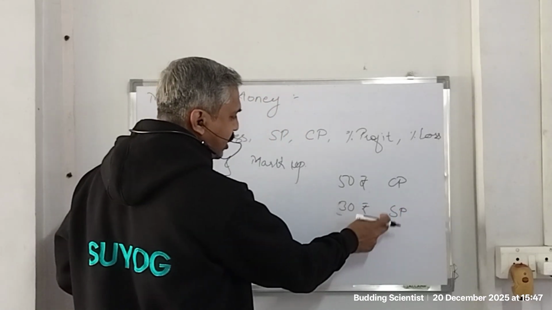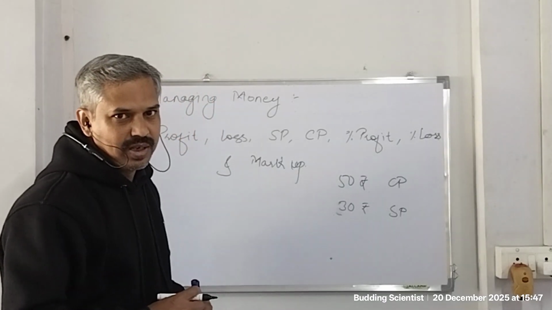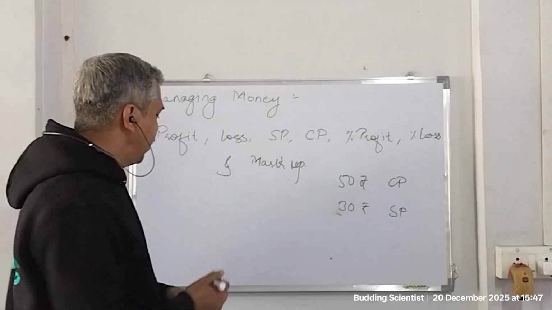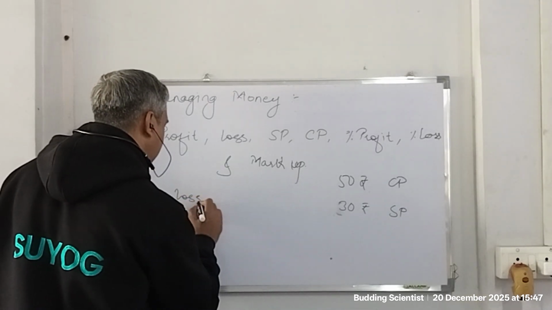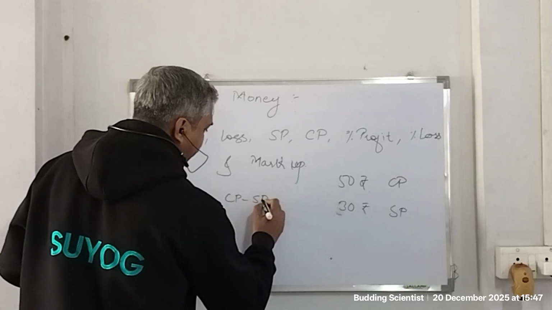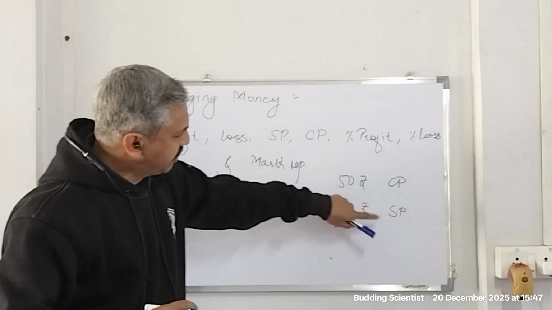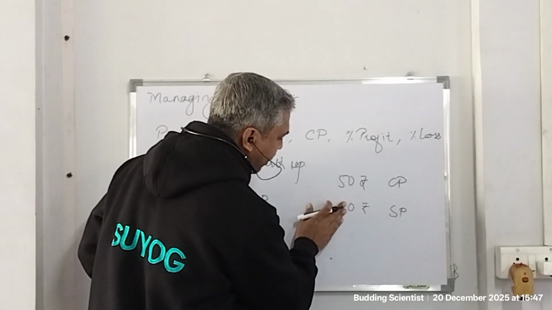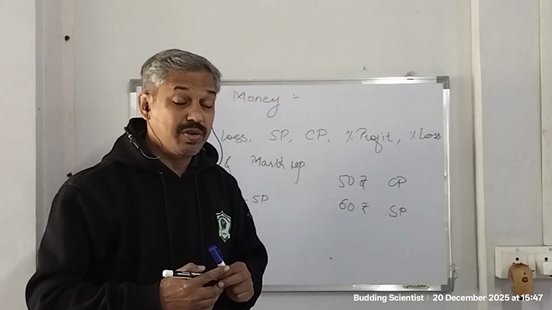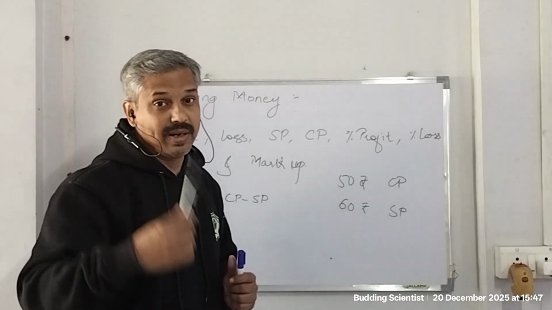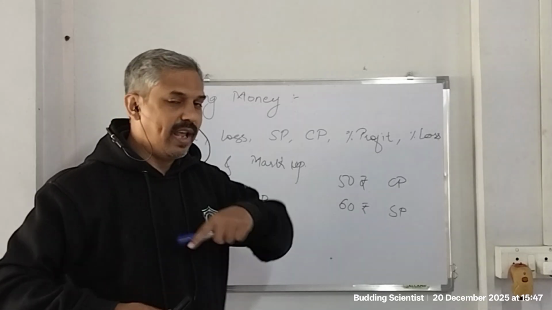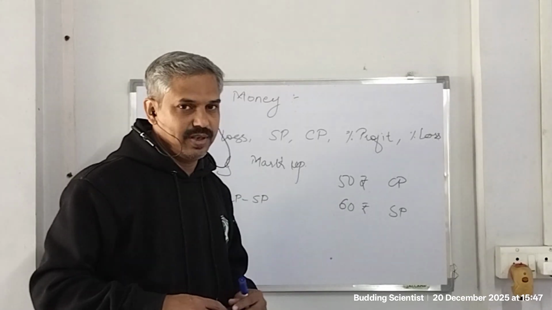Now in this case, SP is less than CP. Whenever the selling price is less and the cost price is more, you incur losses. Loss is equal to CP minus SP. But if it is the opposite, if the market rate is still high and there is a big shortage of these markers, then I can buy the marker at 50 rupees and sell at 60 rupees each.